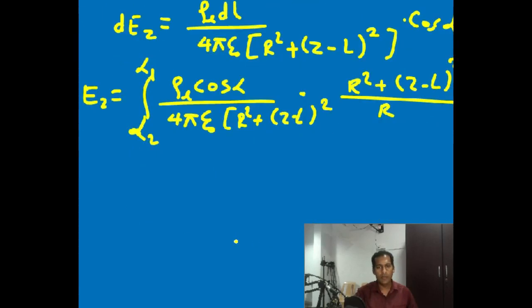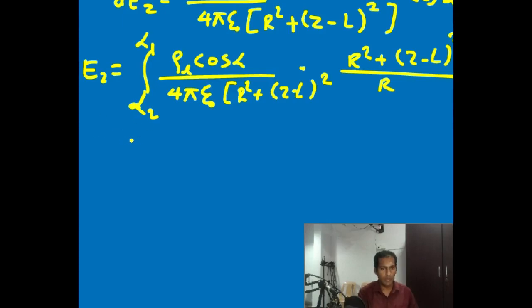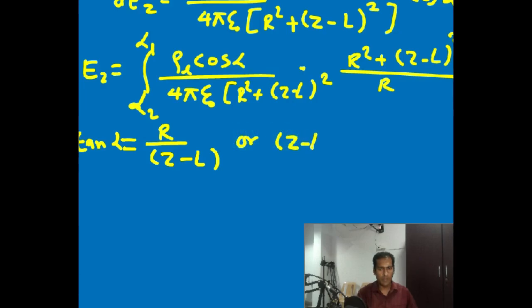So let us substitute tan alpha. So let tan alpha be equal to r by z minus L, or from here we can say z minus L is equal to r cot alpha.